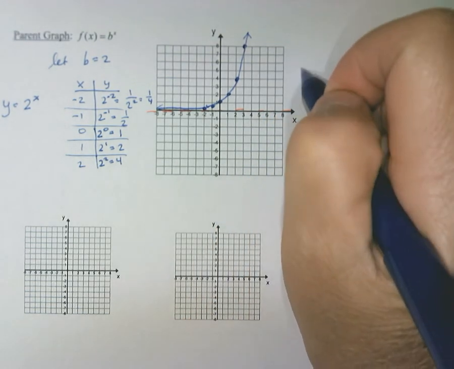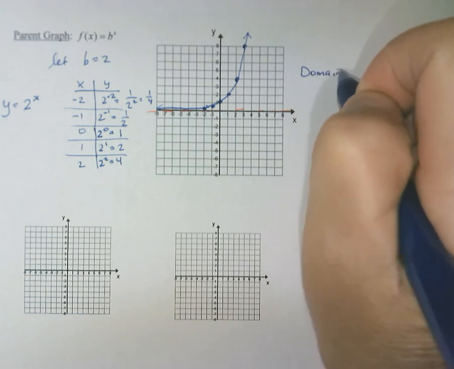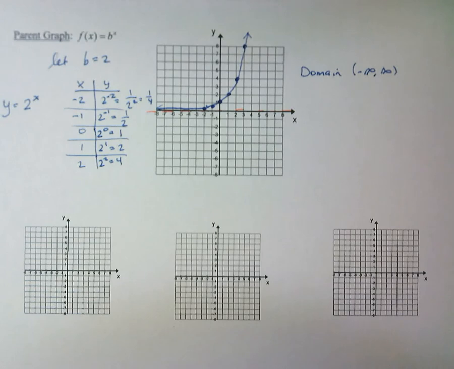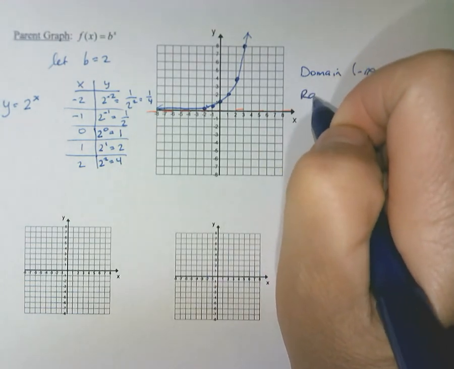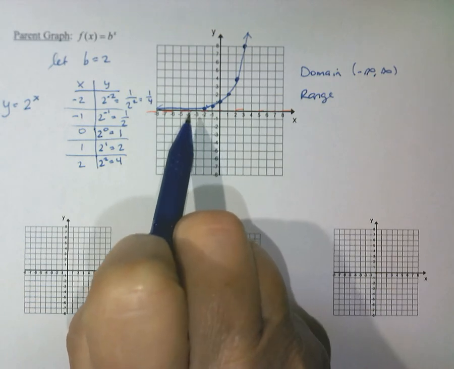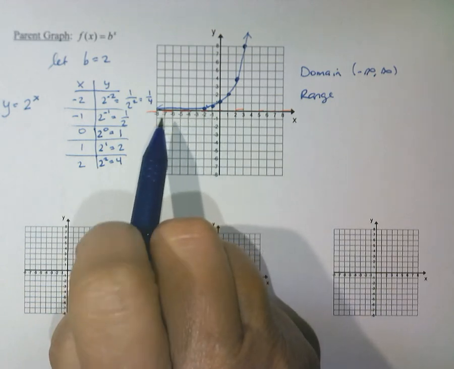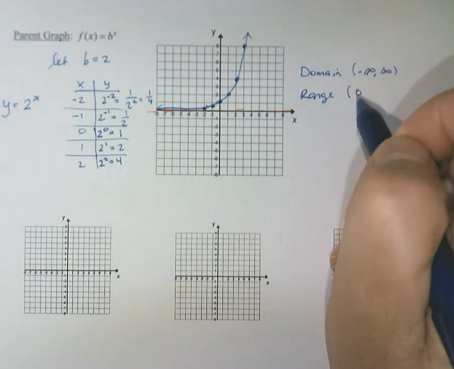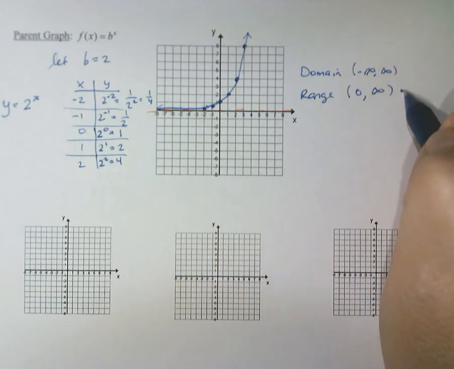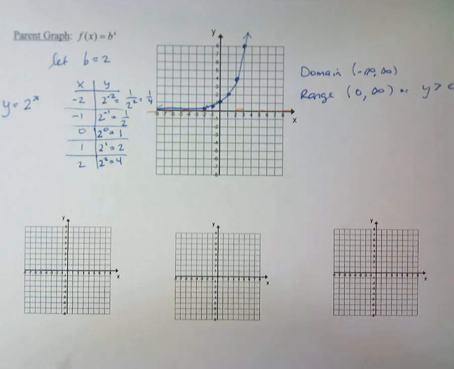My domain is all real numbers. My range, it doesn't go below 0. It never even touches 0. So it starts at 0 with a parenthesis and goes up forever to infinity. Or you could say y is greater than 0.